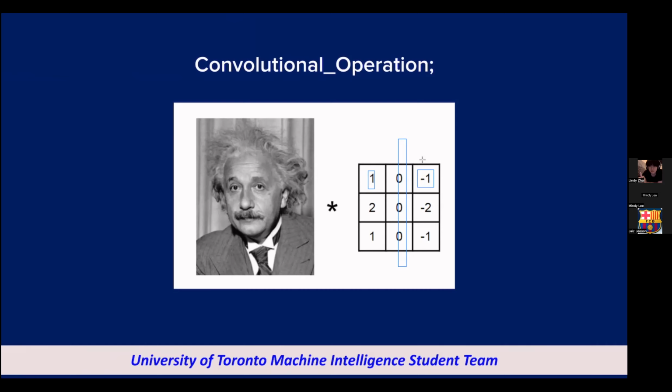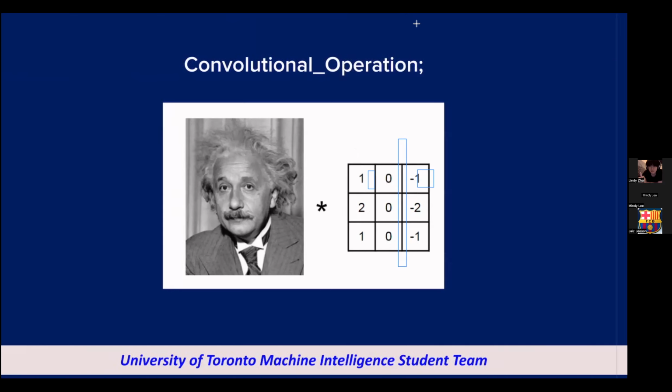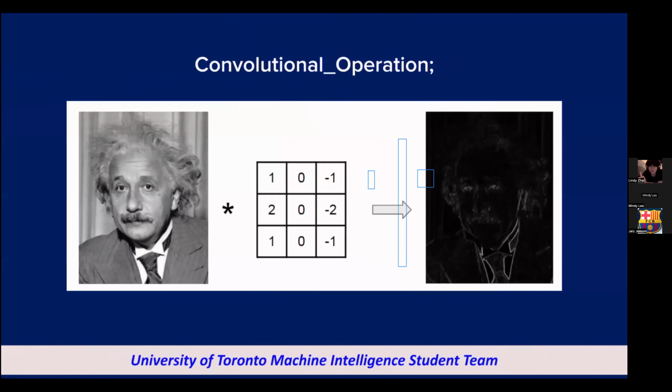By doing that, we're able to detect the vertical edges in this 3x3 area of the original image. By superposing that on the original image, we can see that most of the vertical edges in the original picture are exposed. So that's the math intuition of how convolution works. It's just superposing the filter and summarizing the information in a specific region.